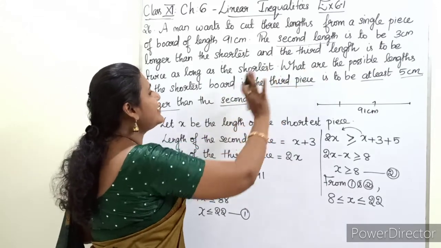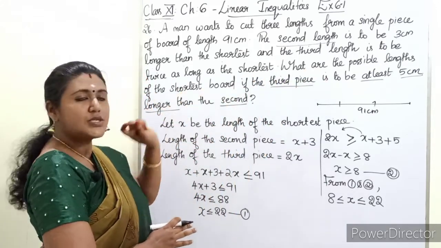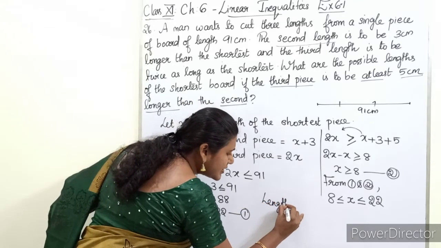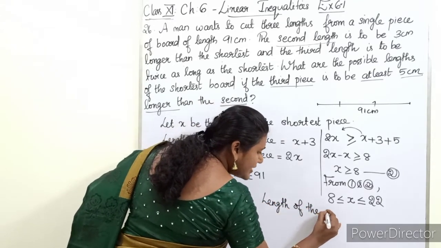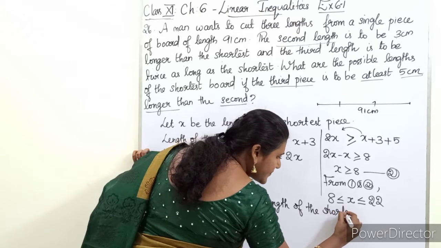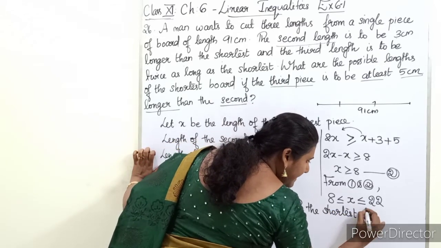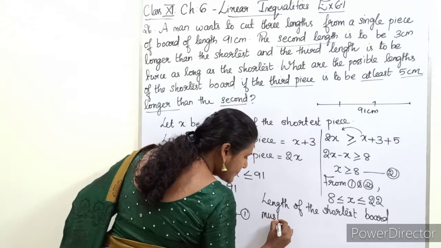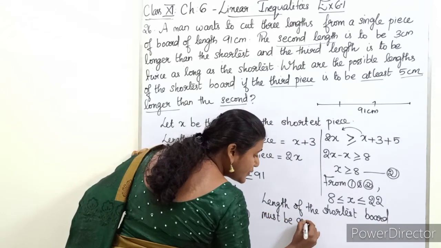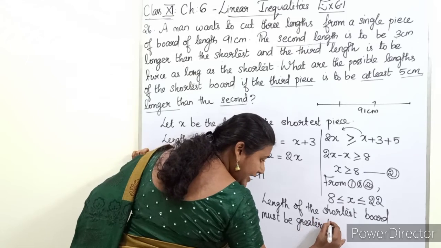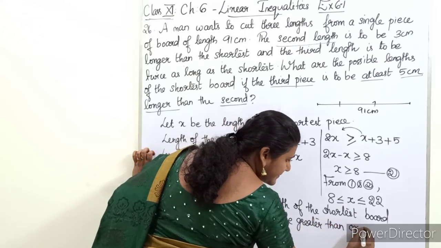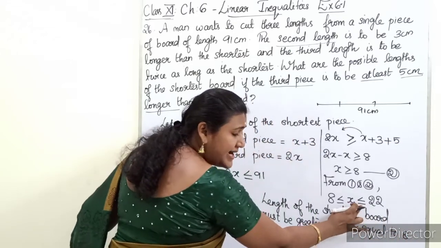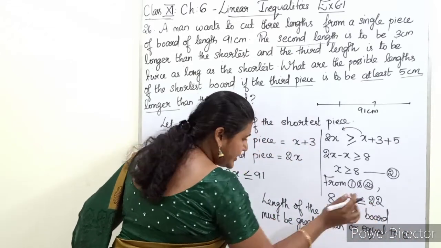What we have to find is the possible length of the shortest board. So the length of the shortest board must be greater than or equal to 8, but less than or equal to 22.